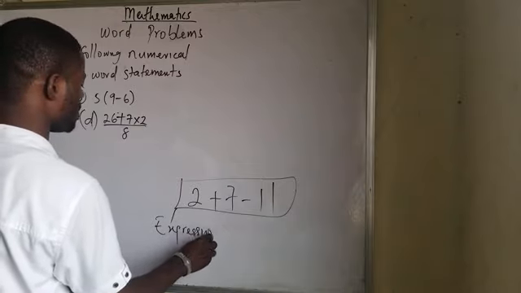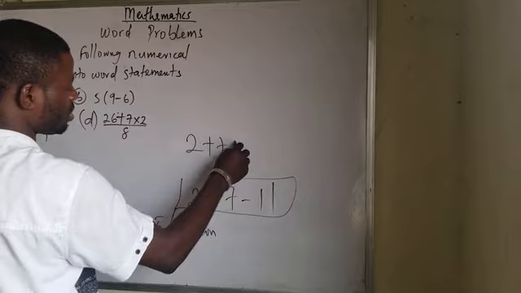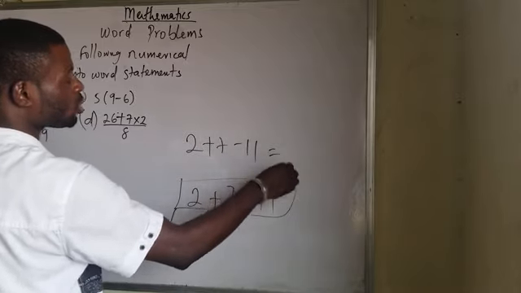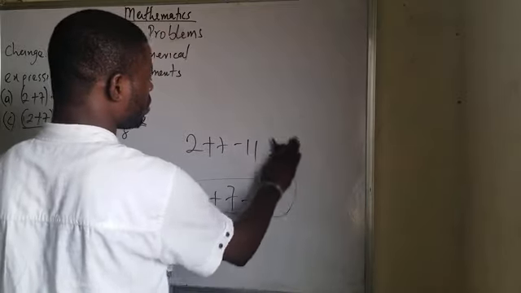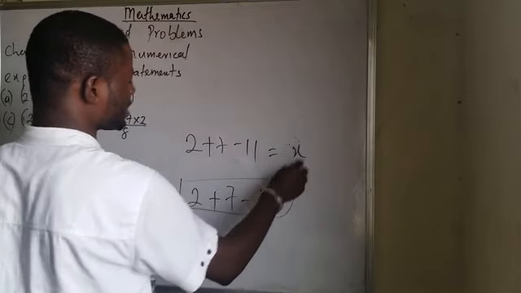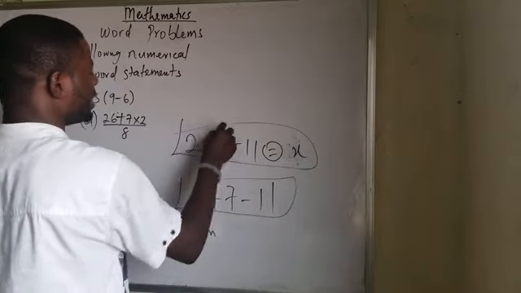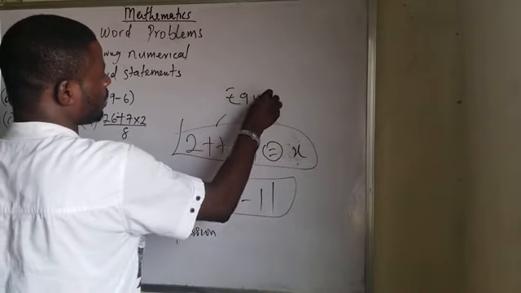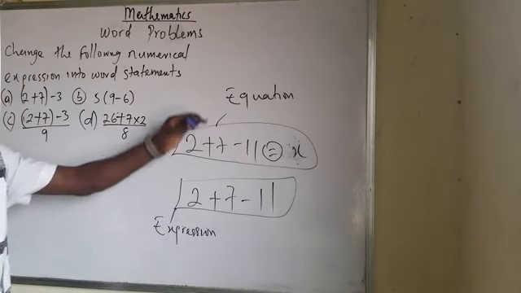But when I have 2 plus 7 minus 11 equals to, let me just use x, the equal to sign makes it become an equation. Can you see the difference between expression and equation?